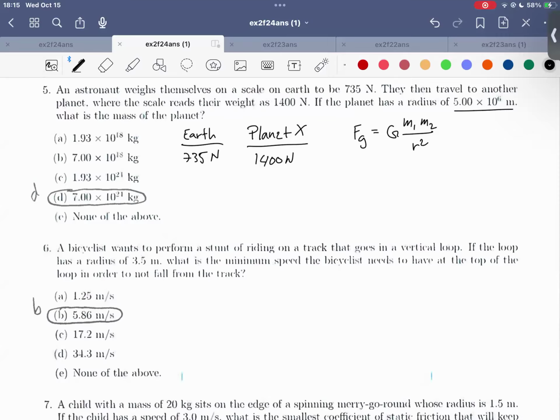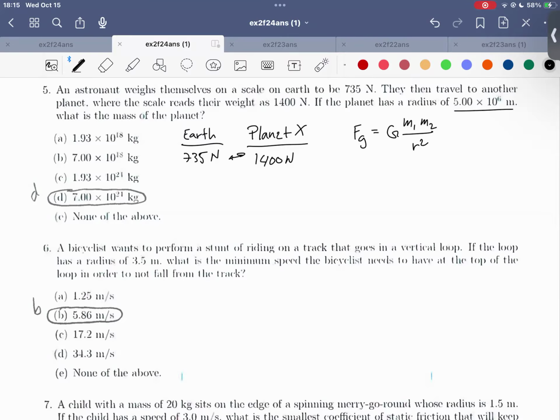Okay. And so the difference between Earth and planet X is not going to be the mass of the person, but it's actually going to be the gravity that's different. So we can say that to get between 735 newtons and 1400 newtons, we can just divide, and then that's the amount the gravity is bigger.